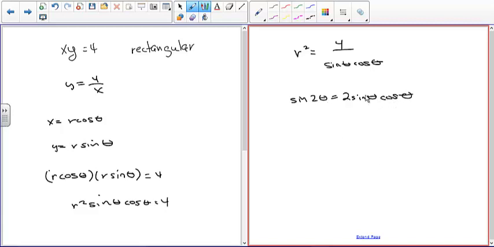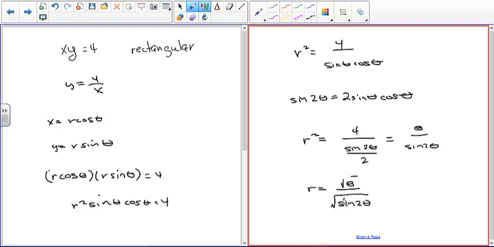So I could solve for sine theta times cosine theta, which is sine of 2 theta divided by 2, so r squared is 8 divided by sine of 2 theta. And so you get r is equal to the square root of 8 divided by the square root of sine 2 theta. Makes me believe there's some other better way of doing this.